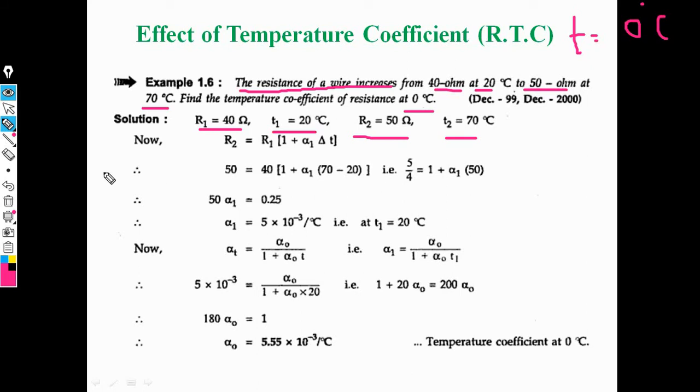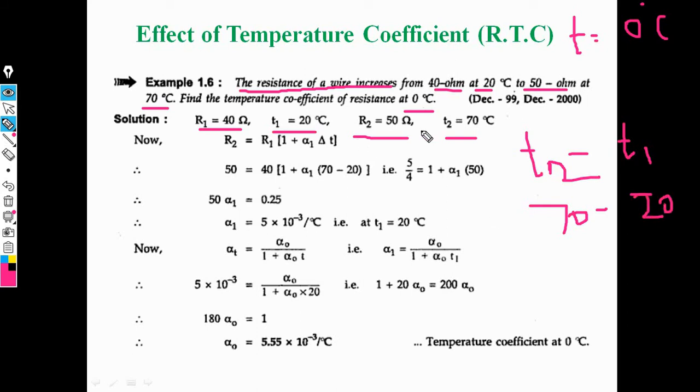Now here the values of R2 and R1 are given. Also the temperature difference is given, that is T2 minus T1. The final temperature is 70, and the initial temperature we have considered is 20, that is T1.